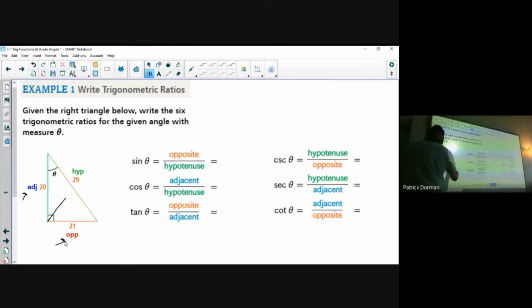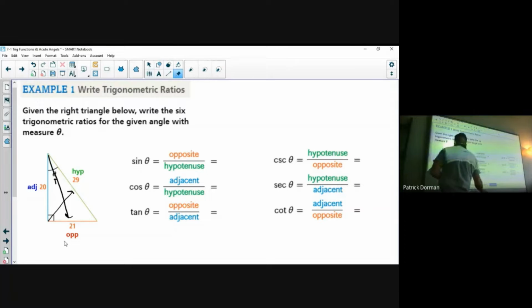Hypotenuse always is opposite your right angle. That's quite easy. And then theta is here. Then adjacent is going to be the one closest to theta, and opposite is opposite of theta. So look for where theta is, and then just go straight across to find opposite. Look for your right angle, straight across for your hypotenuse. And the other one is your adjacent.